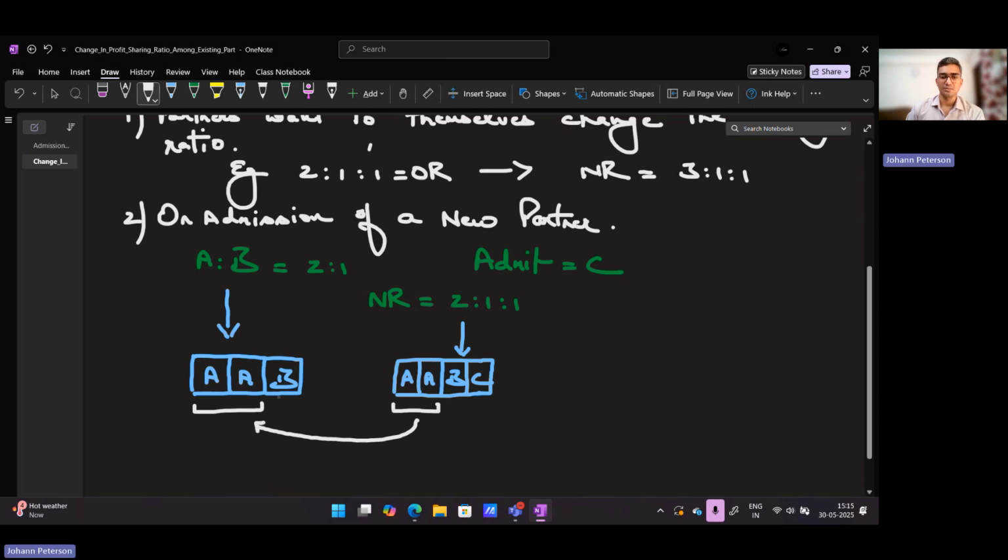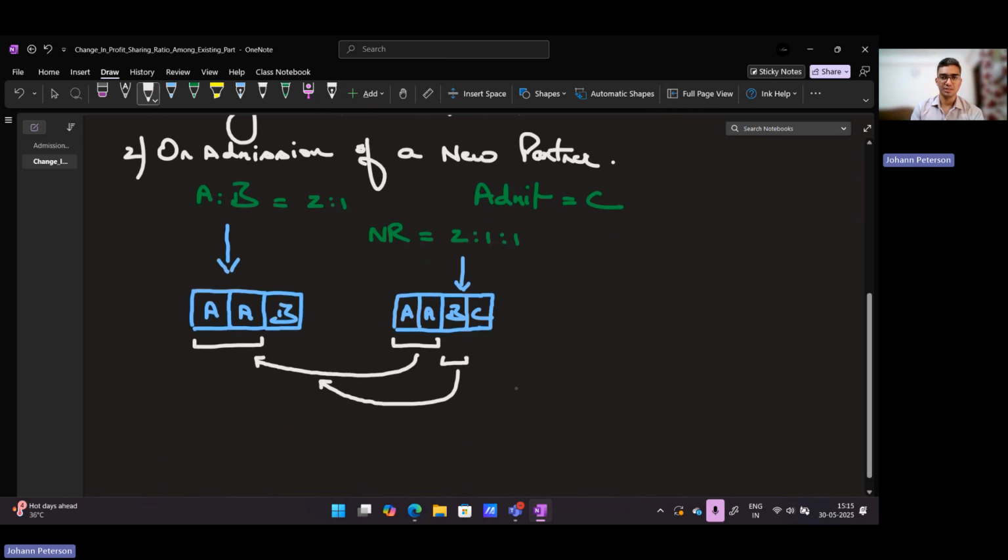B's share is also reduced compared to his earlier share. And C is a new partner, not there in the picture before this situation. He has just come into the picture, so here his share is something that he's going to get this time. So this is another case where the profit sharing ratio changes, where one partner is coming into existence.